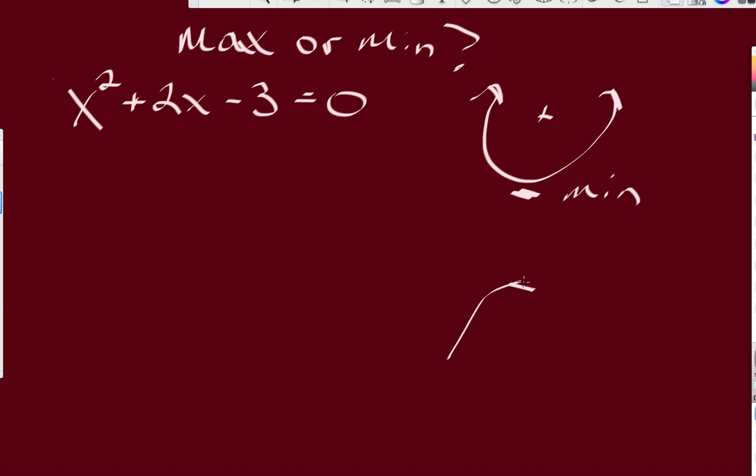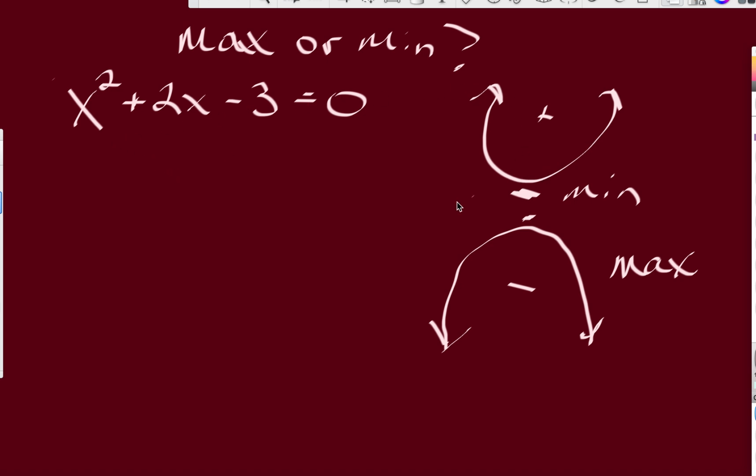Negative, it has a max. So remember, negative max, positive min, smiley face, frowny face. Frowny face has a max, smiley face has a min. Anyway, so you would say it has a min.